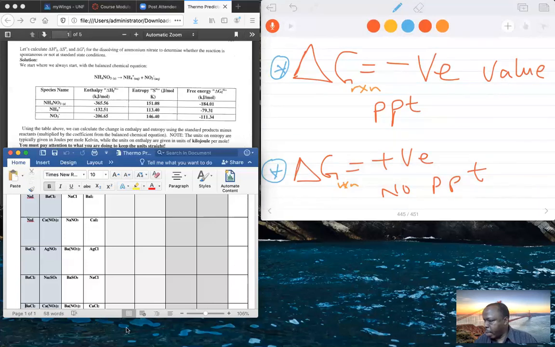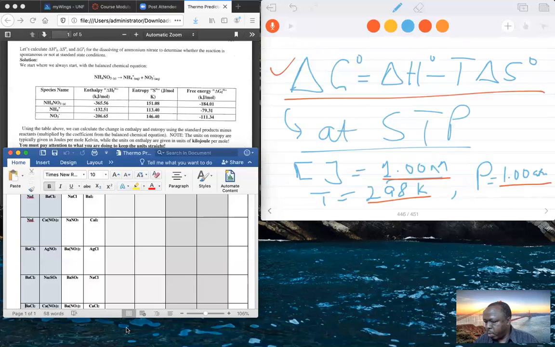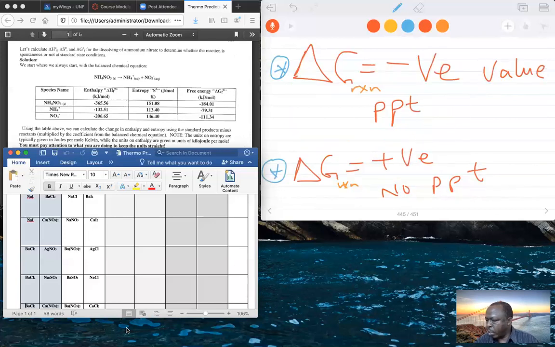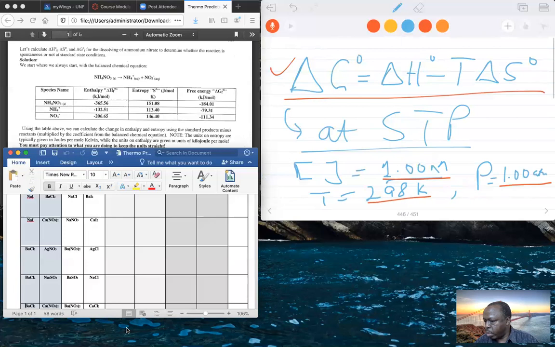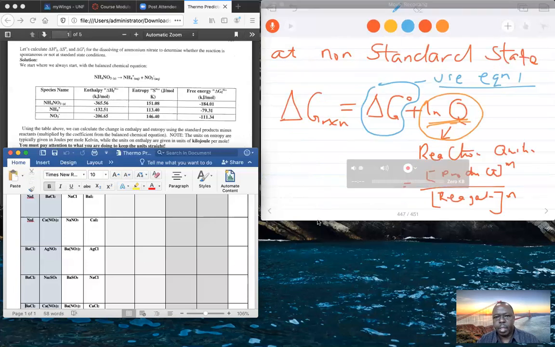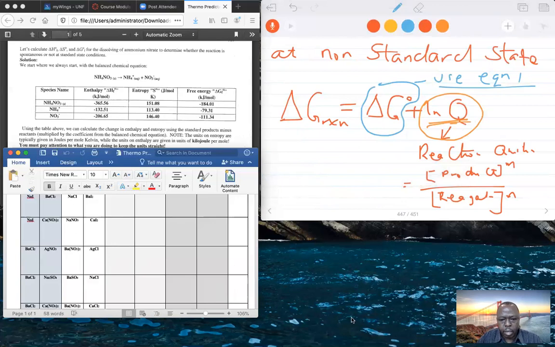Here is an example. Before I walk you through an example, any question on this equation right here? This is what we will be using to complete this data sheet. Any question? Delta G positive is non-spontaneous. That means it will not spontaneously form a precipitate.